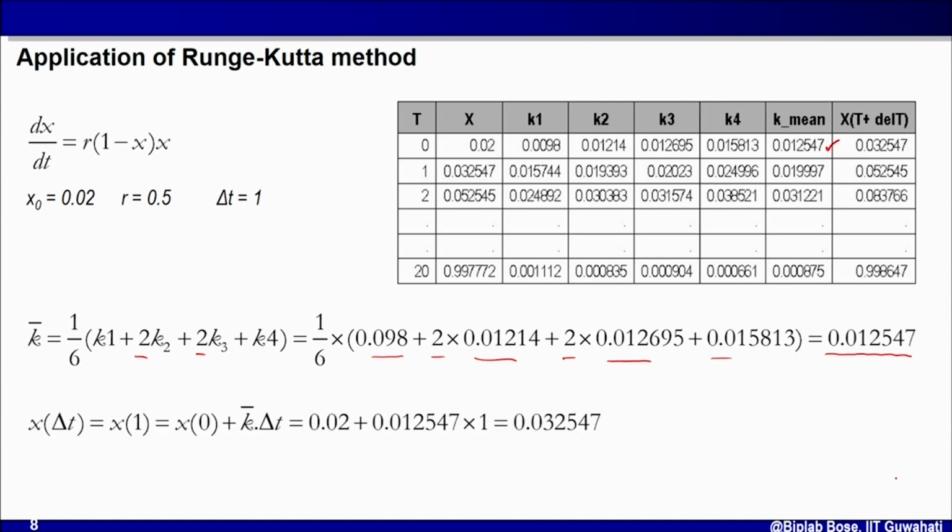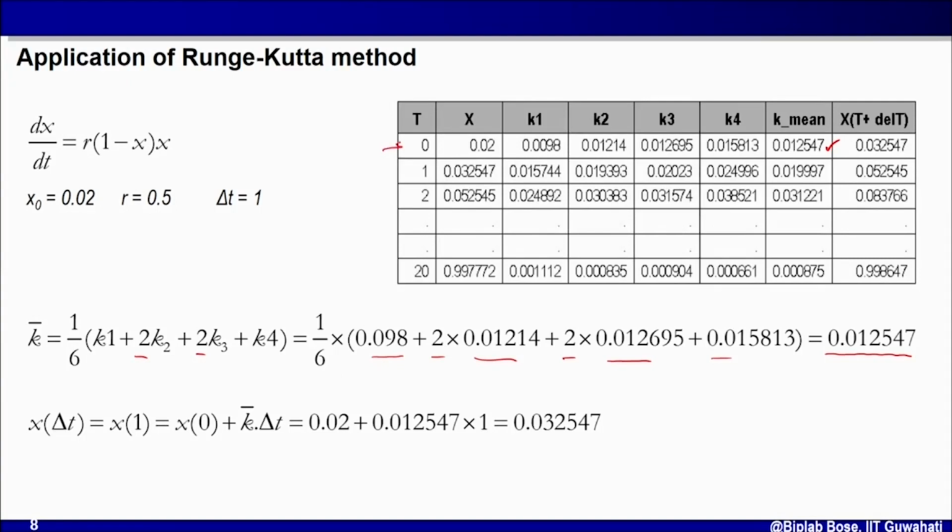If I now increment time by delta t using this mean slope, I will get a new value of x at t plus delta t. So t was 0, the initial time is 0. So the value of x at delta t is equal to x at 0 plus mean slope into delta t. x at the 0 time point is 0.02.